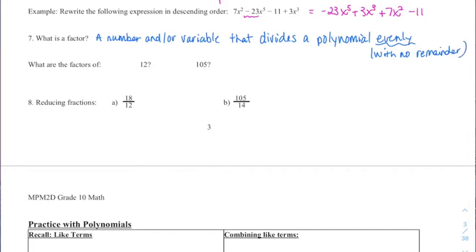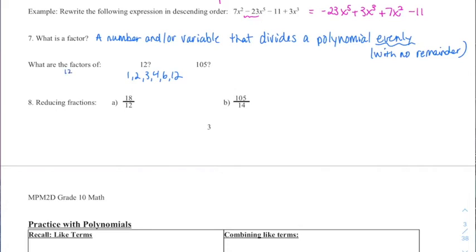What are the factors of 12? Well, we know that all the numbers that divide 12 are 1, 2, 3, 4, 6, and 12, right? Another thing I like to do is we can talk about factor trees, which I'm sure you've done.